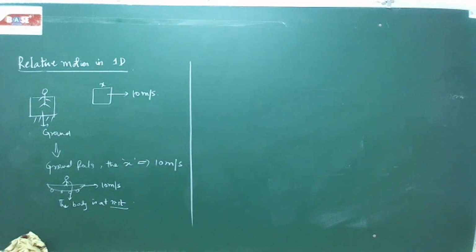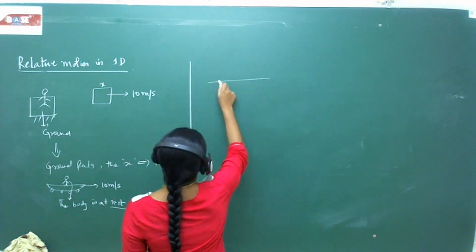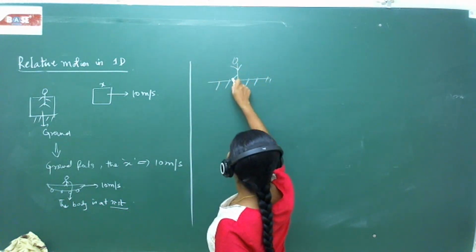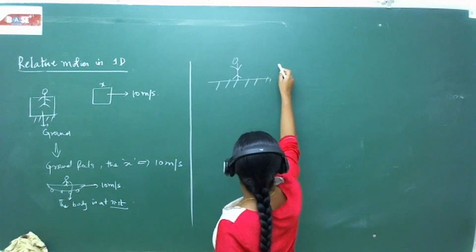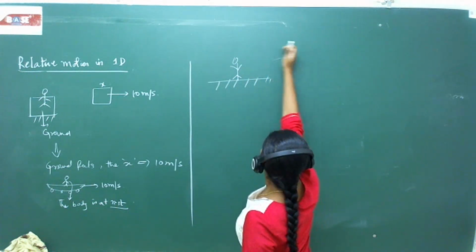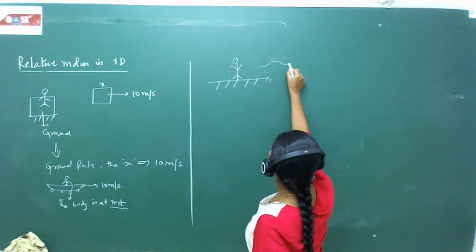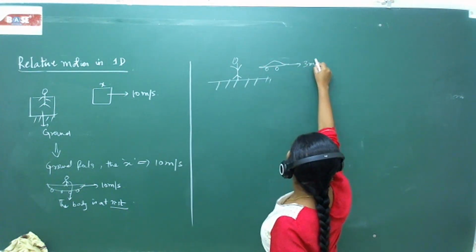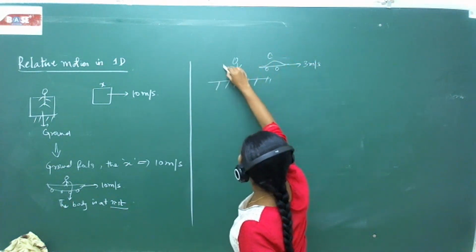Now we'll consider some more examples. There is a ground, a person A is standing on the ground, and there is a car which is moving at 3 meter per second.